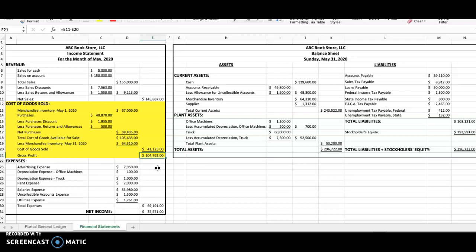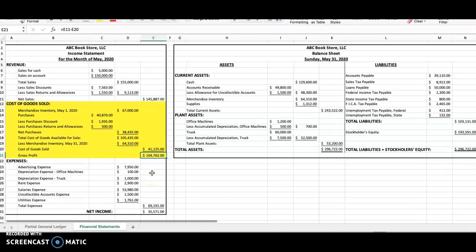A bit more complicated now. The cost of goods sold is a big factor that needs to be included on the income statement. Finally, to get net income, we will take the gross profit, subtract from it the total of all the expenses that we have, and when we do that subtraction problem, we end up with a net income of 35,571 in this case.